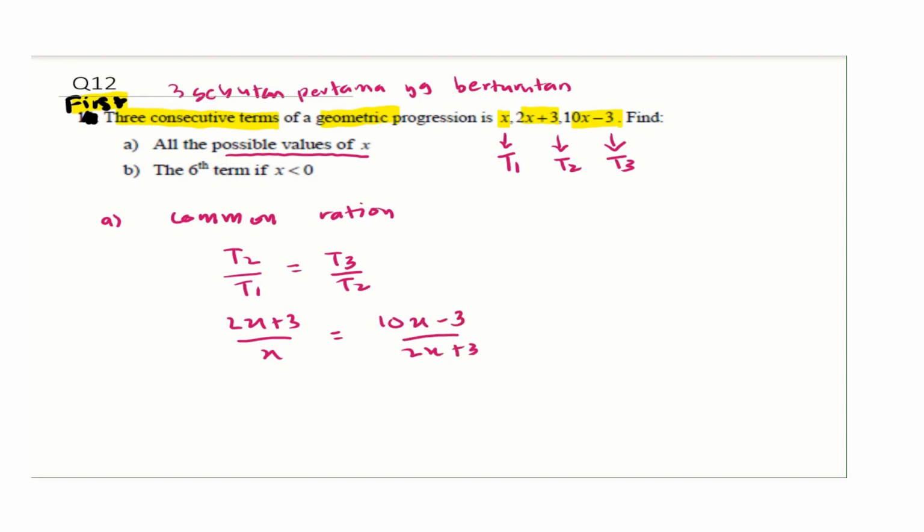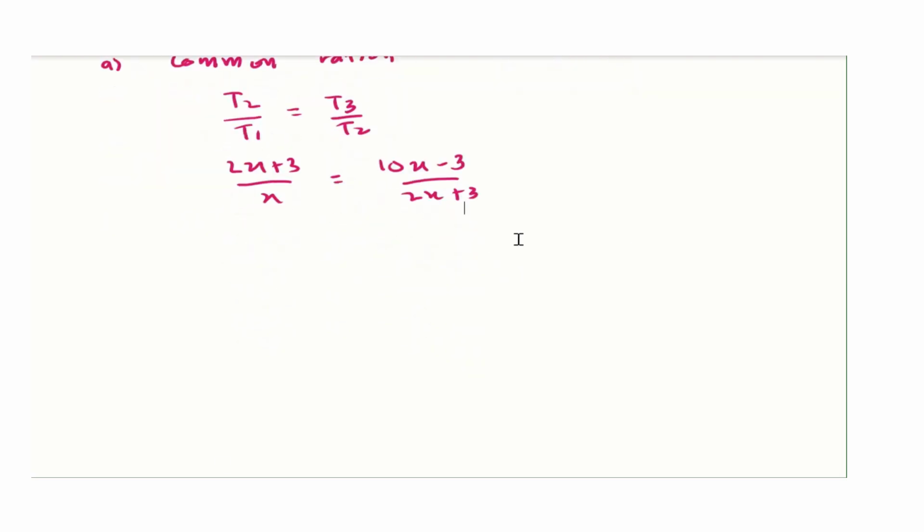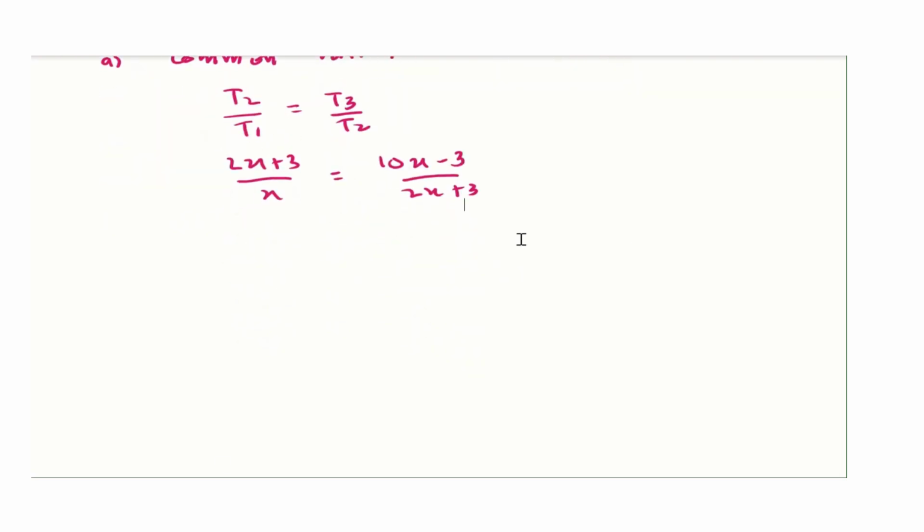Then we cross multiply, and we get 2x plus 3 squared equals x multiply 10x minus 3.